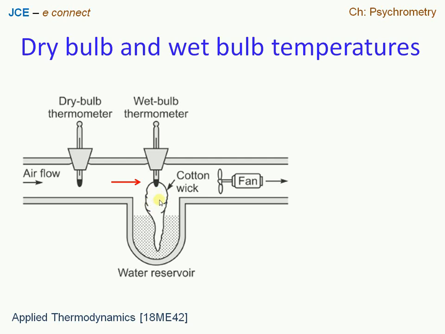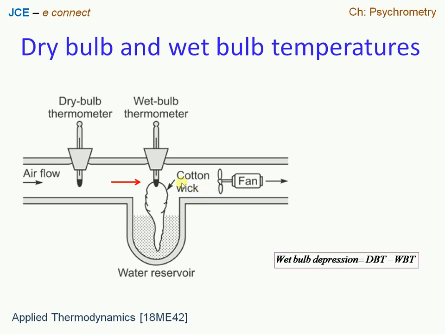So we can write an equation here: the difference between the dry bulb temperature and the wet bulb temperature is called the wet bulb depression. Wet bulb depression is given as the dry bulb temperature minus the wet bulb temperature. So there is always a difference here as long as the air is unsaturated.